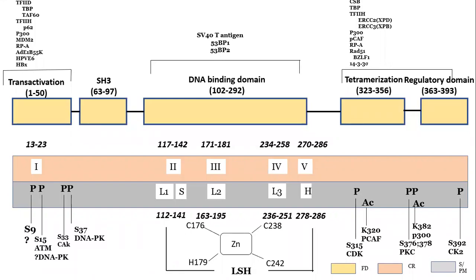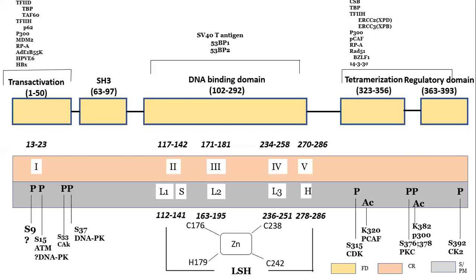Like other proteins, it has an N-terminal site, a C-terminal site, and a central domain. So in the case of p53, we consider three basic regions of importance: one is N-terminal, one is C-terminal, and another is the central domain.